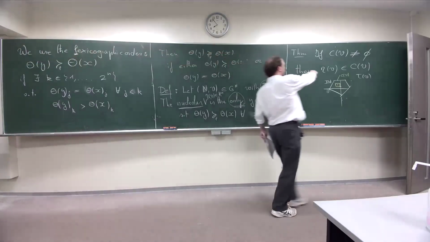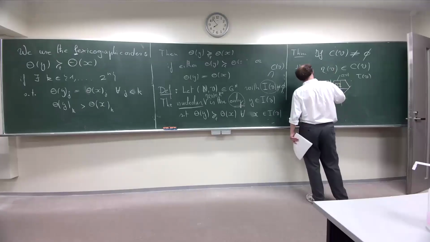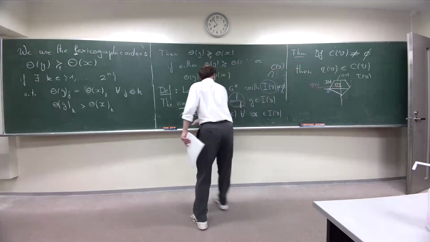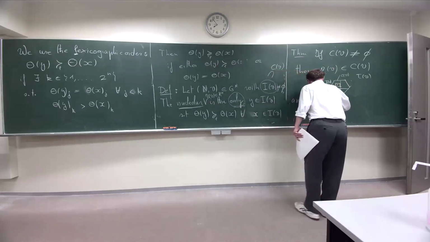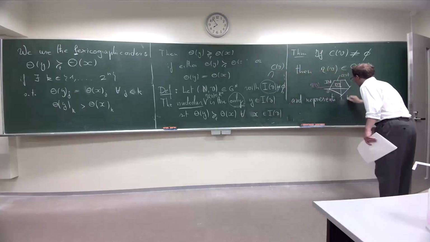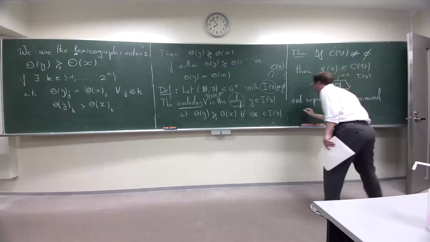So this point, this is eta of V, is inside the core and represents the minimal dissatisfaction.